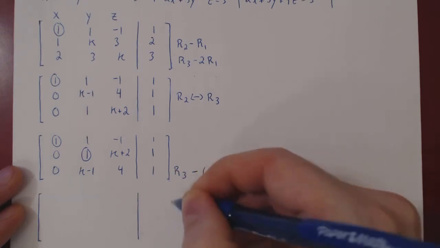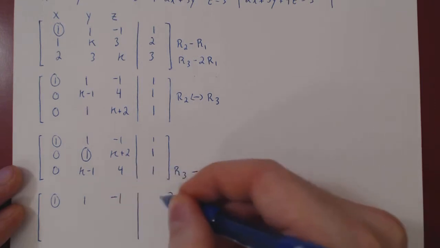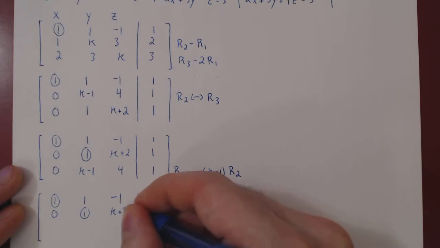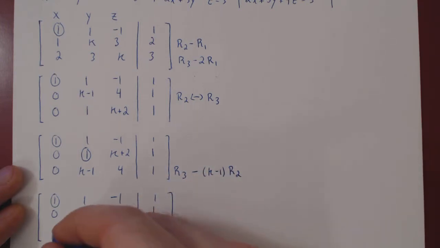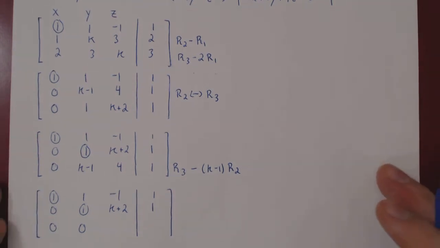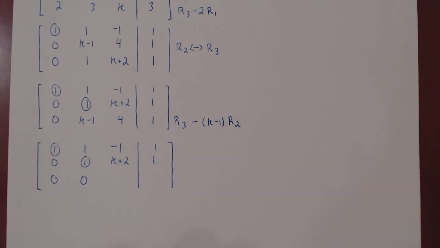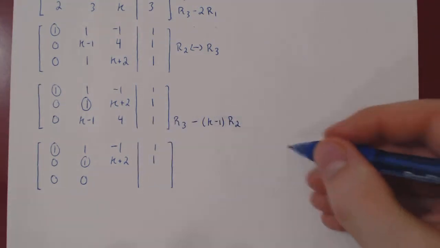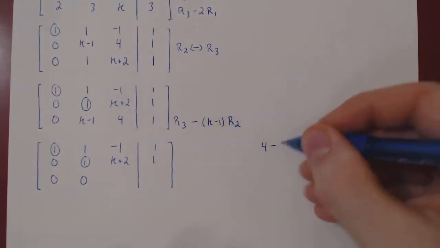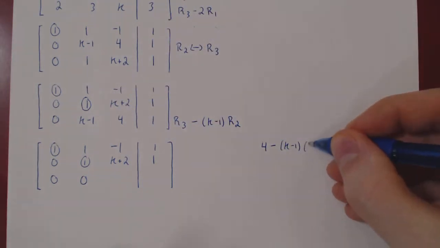As always, first let's recopy row 1 and row 2 as we're not changing them. We'll get 0, 0. And here let's perform these two last entries on the right hand side. So we have 4 minus k minus 1 times k plus 2.